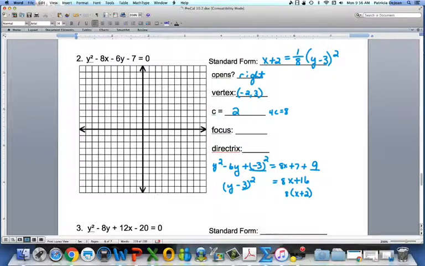So we'll go here on our graph, and we'll put our vertex on there at (-2, 3). And then we're going to count 2 spaces to the right and 2 spaces to the left. Since it opens right, our directrix is here behind that, to the left of the vertex.